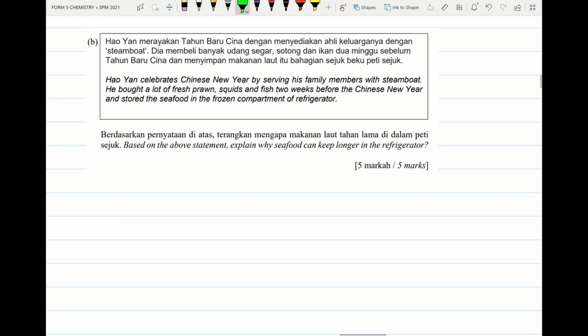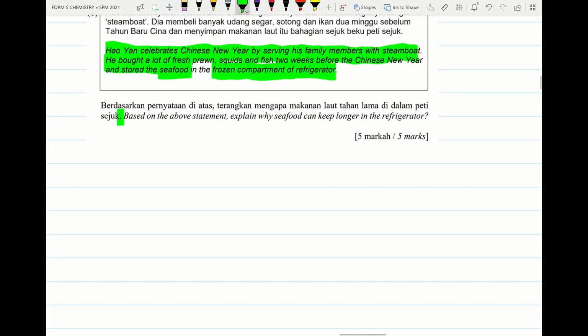All right, we move on to the next question. Look at this question. Oyan celebrates Chinese New Year by serving his family members steamboat. He bought a lot of seafood and kept it in the frozen compartment of the refrigerator. Based on the above statement, explain why the seafood can be kept longer in the refrigerator.